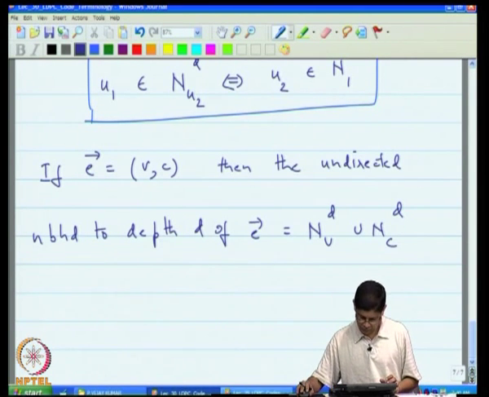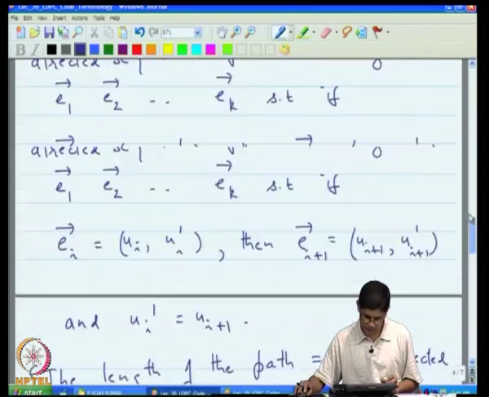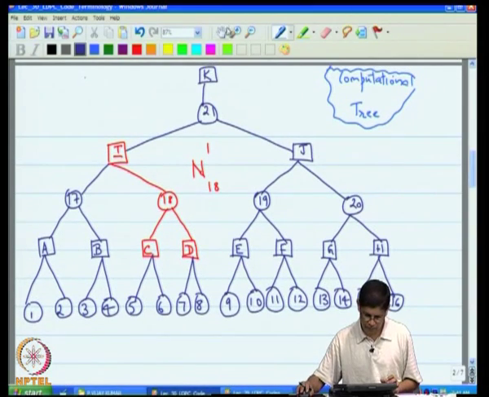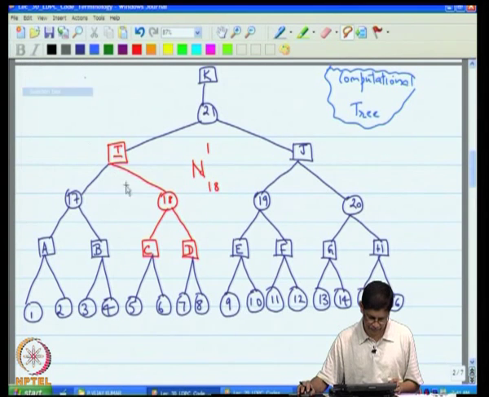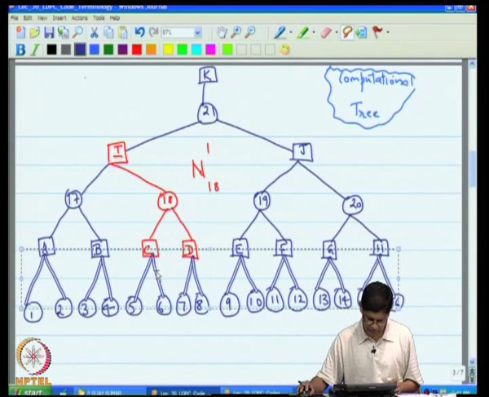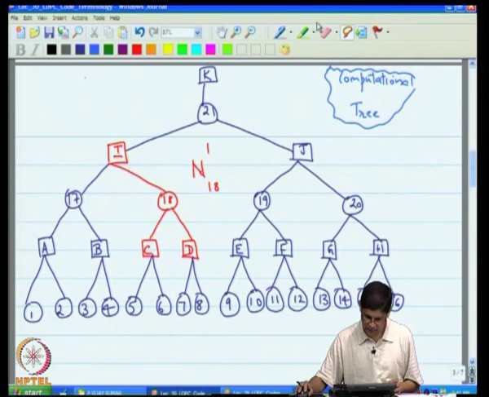All right. So, again getting back to the graph. For example, if you are here and you are asking what is the undirected neighborhood of this edge to depth 1, that means that it is the one depth neighborhood of this node as well as this node. Let us see if I can get the colors right this time. Perhaps that is going to be hard, so I am going to have to do it the hard way.